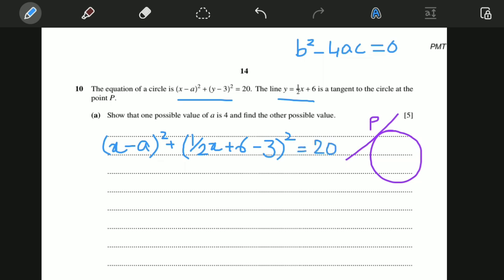Now expanding this, x square plus a square minus 2xa plus, first arrange this a bit, half x plus 3 whole square equals 20.